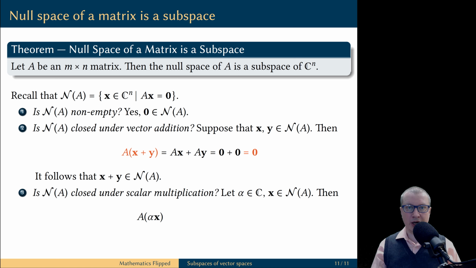We know that in a matrix product, we are free to move the scalar anywhere, so I'm going to move the scalar alpha in front of the expression. x is an element of the null space of A, therefore the matrix vector product Ax is the zero vector, and a scalar multiple of the zero vector is the zero vector. This computation shows that the scalar multiple of x is still an element of the null space. This completes our proof that the null space is a subspace of the vector space of column vectors.